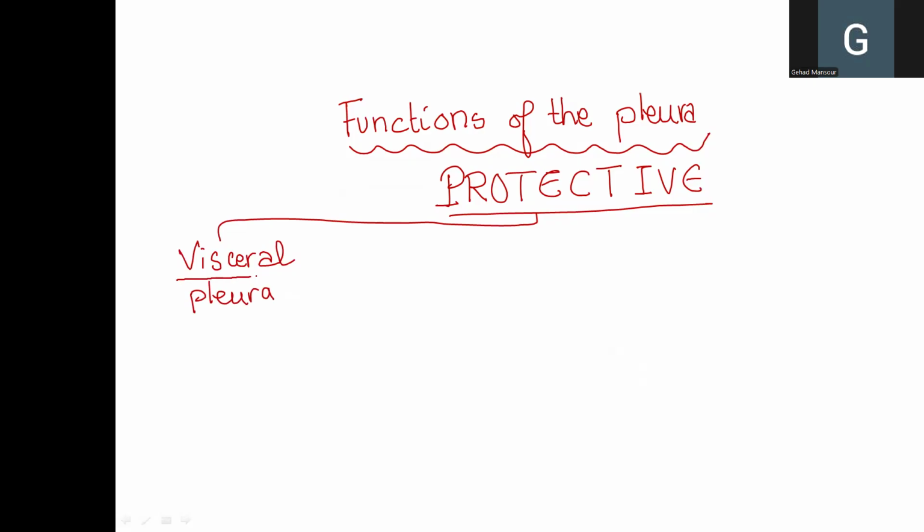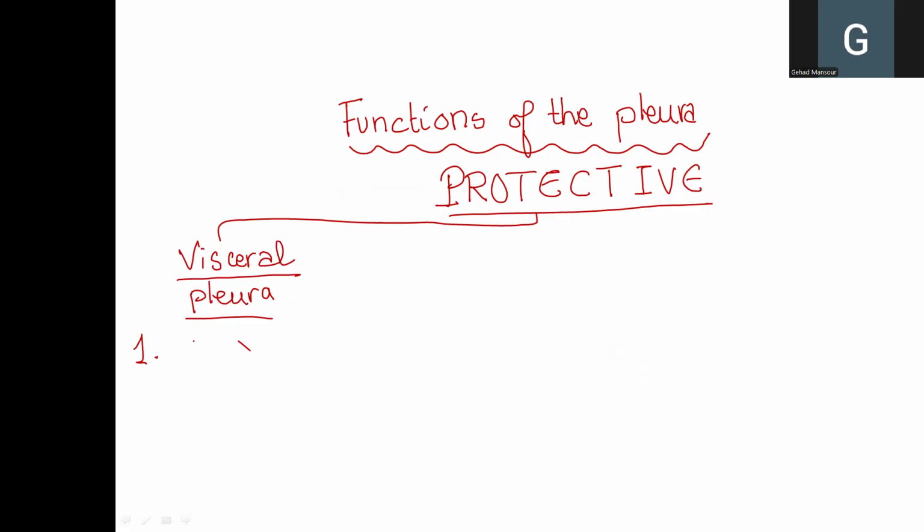By cushions, I mean that it covers the lung and helps absorption of shocks. So whenever you're hit or exposed to mechanical trauma, there will be absorption of shocks. We have discussed the functions of the pleura before, but very briefly. And now we're going to expand our knowledge about the pleural membrane.